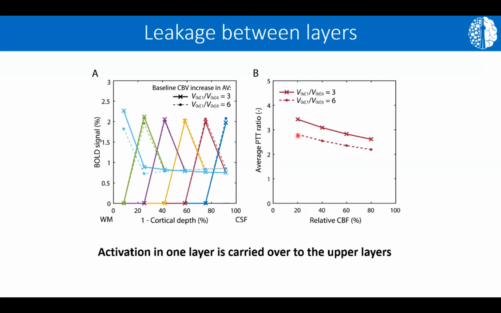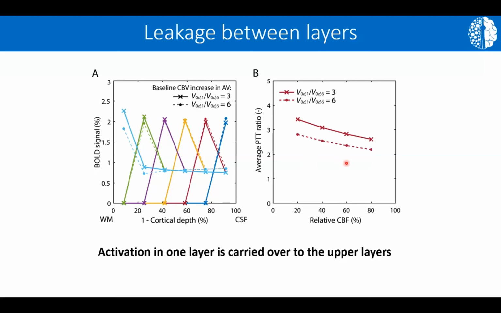Whereas if it's 6 times, you get this one. So it's actually relatively constant, which means you need this increase in blood volume from bottom to top in order to get certain effects. But within a wide range, this leakage is relatively constant.